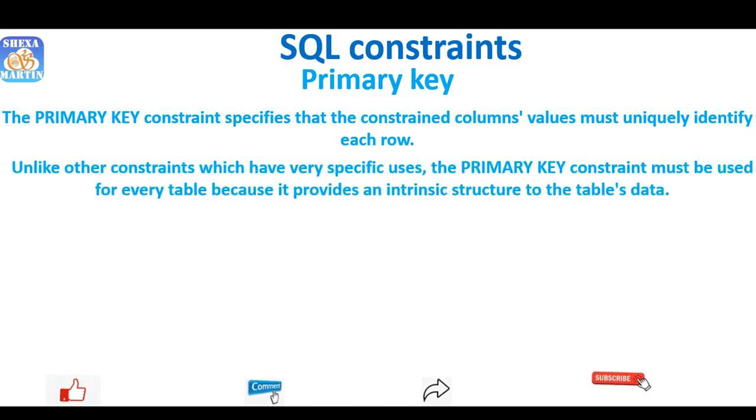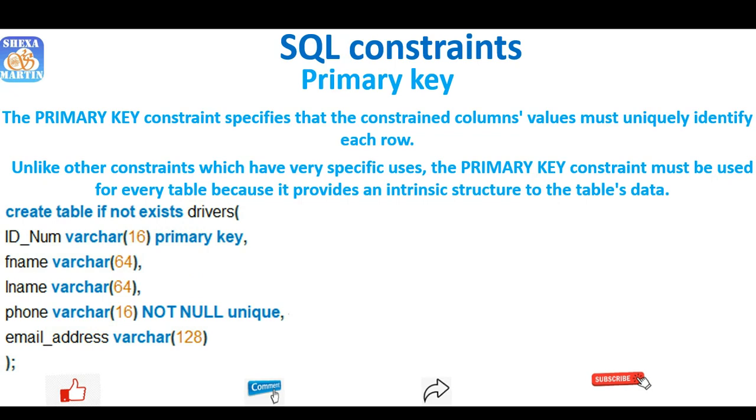Unlike other constraints which have very specific uses, the primary key constraint must be used for every table because it provides an intrinsic structure to the table's data. Here we have our table called drivers, and our primary key called ID number.